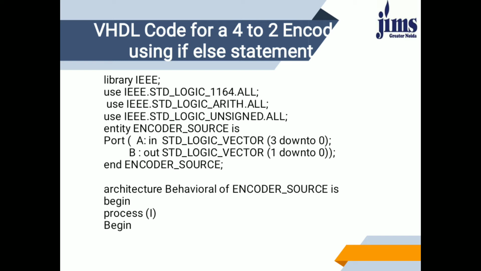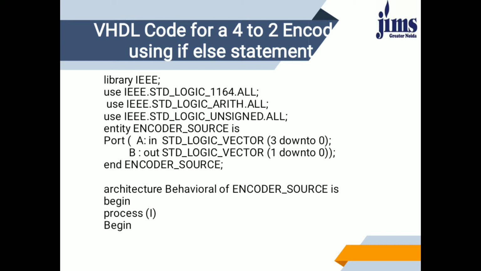std_logic. But if we want to define it with the help of a vector, then we need to write std_logic_vector. Here the range should be specified. Here we can write 0 to 4, sorry, 0 to 3.